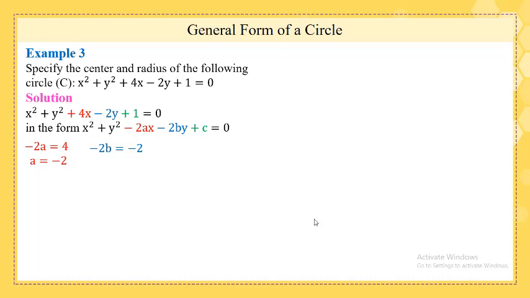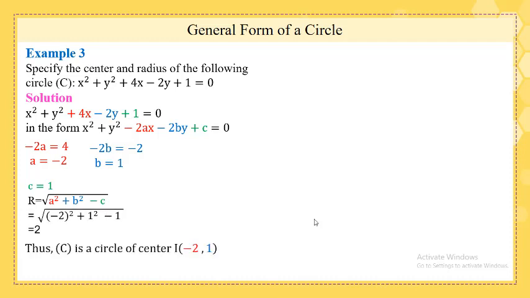Minus 2b is equal to minus 2, then b is equal to 1, and c is equal to 1. To find r, r is equal to radical a² plus b² minus c, which will give us 2. Now we know that the center of this circle is I, whose coordinates are minus 2, 1, and its radius is 2.